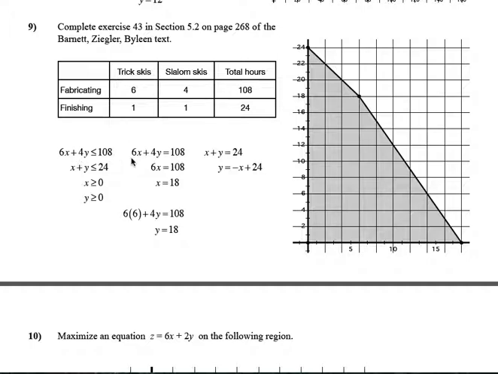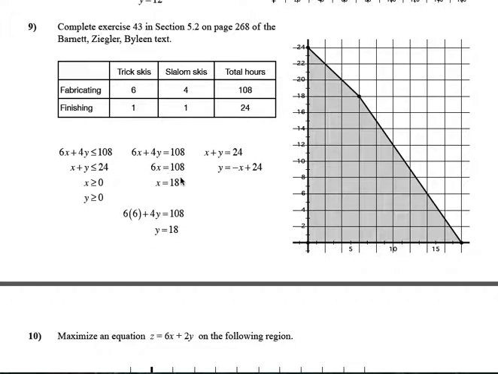And so for the first one, 6x plus 4y equals 108, we do change that into an equality to solve for the equation. And we can see that when y is 0, then 6x equals 108.